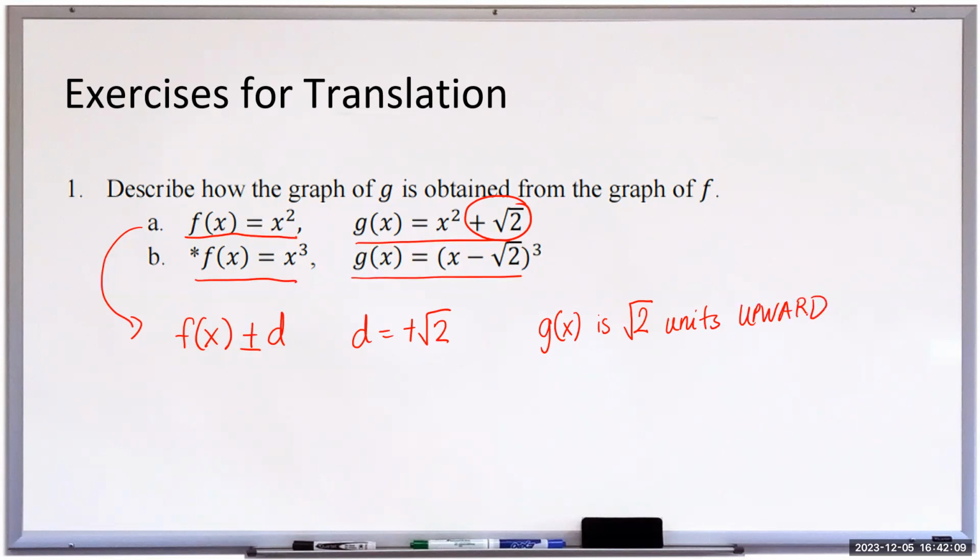Okay? So there is a vertical translation. For item B, this is of the form f of x plus or minus c. Since we have here x minus square root of 2, is there a movement to the right or to the left?